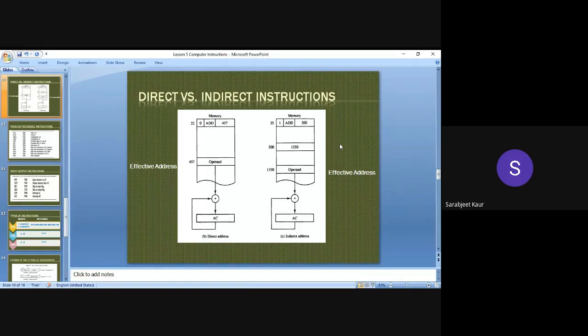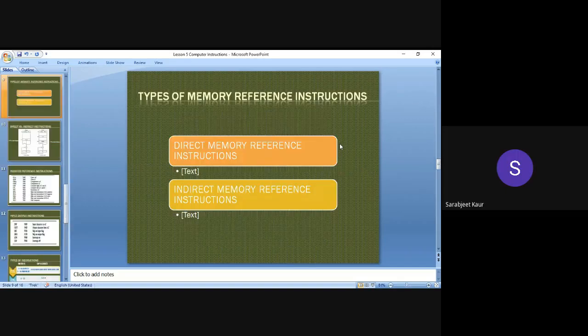And in C++, you are going to talk about pointers. So then you can relate to this concept. Okay. But for the time being, is the difference between the direct and the indirect instructions clear to you? Yes, ma'am.